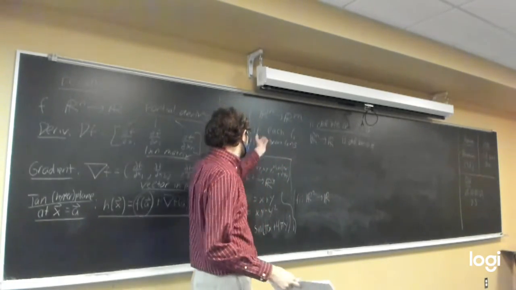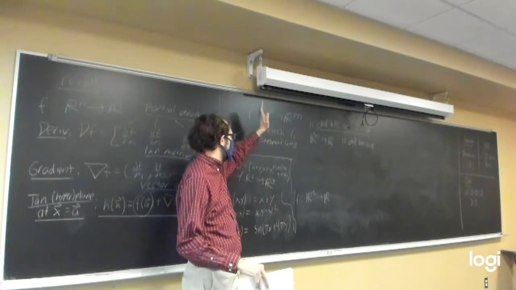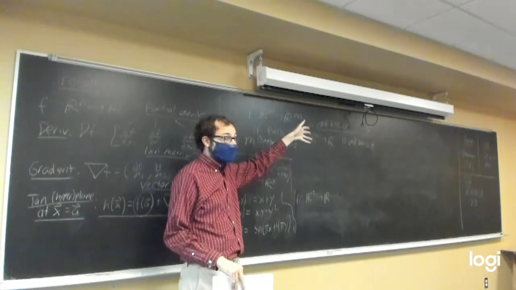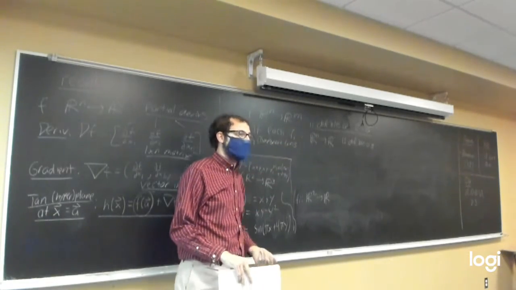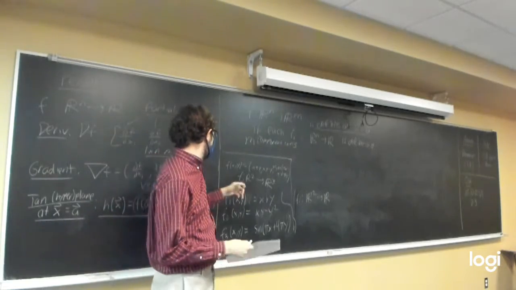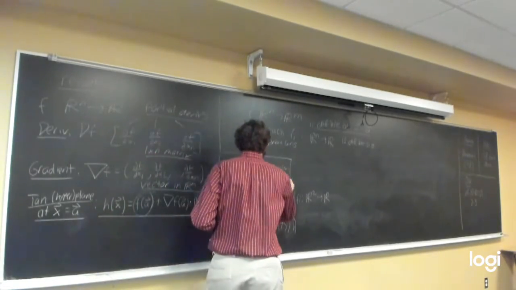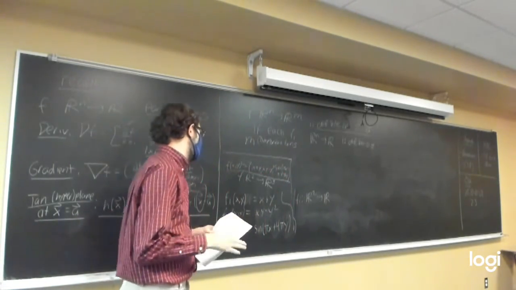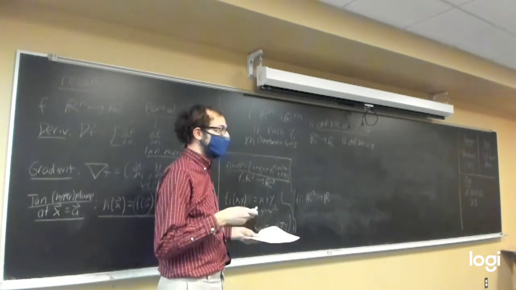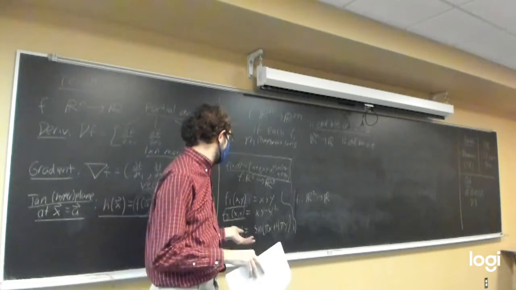And what it means for a function with multivariable inputs and multivariable outputs to be differentiable is just that each of its component functions is differentiable. So in other words, this f of x comma y is differentiable at a point if each of these component functions also happens to be differentiable at that point.